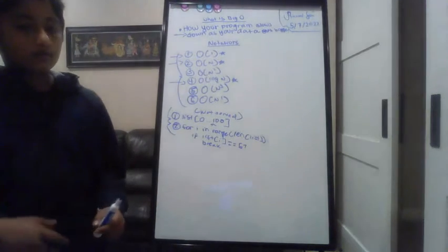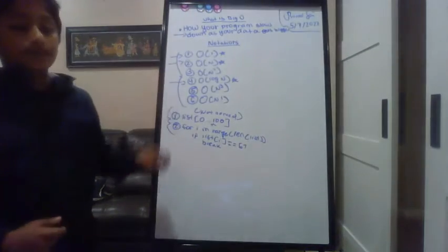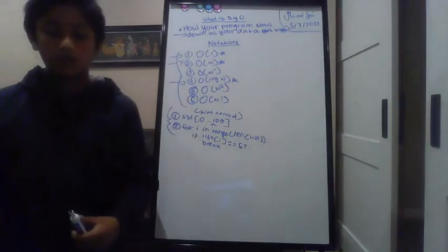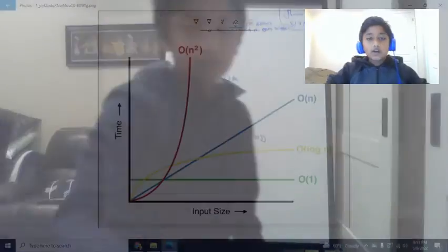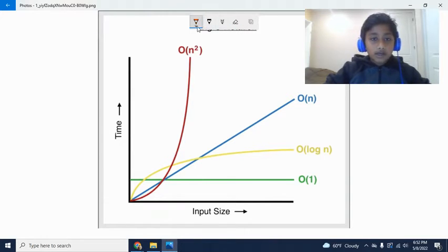Alright, great. So now let me show you guys a graph of all these different notations and some more. I pulled up this graph of big O from the interwebs and I want to talk to you guys a little bit about this. In this graph, the x-axis is our input size and the y-axis is our time.